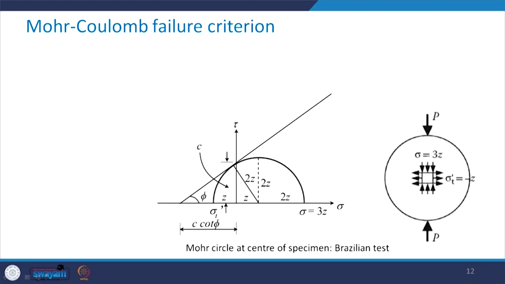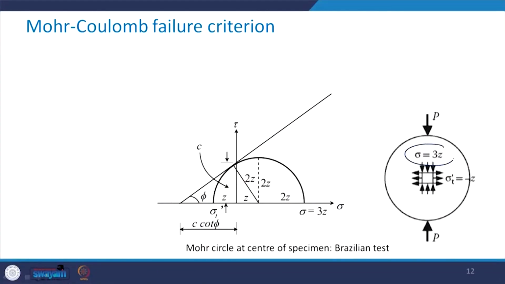Take a look here at this figure. So this is the Mohr stress circle for the Brazilian test. So what is the state of stress? This is 3 times the stress in this direction. This means that if the stress in the horizontal direction, that is in this direction, is represented by a unit z, then in the vertical direction it is 3z units. Now look at this Mohr circle.